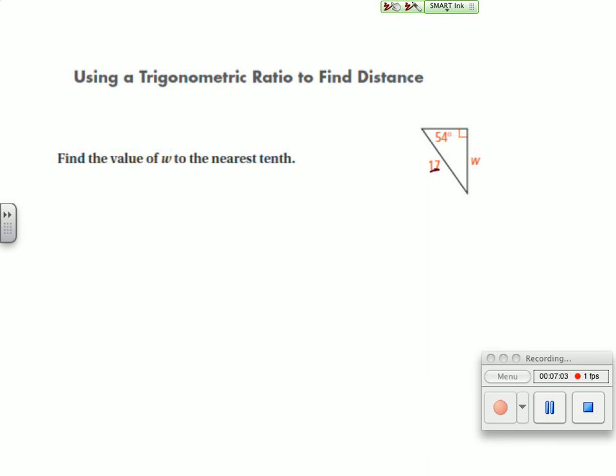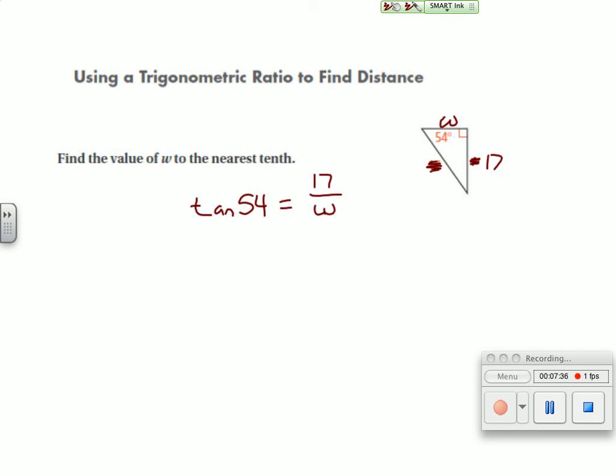Let's say that my 17 happened to be in my opposite side, and my W happened to be on my adjacent side. This changes my equation a little bit. I could do tangent of 54 equals opposite over adjacent.